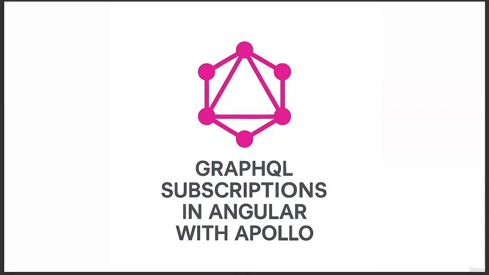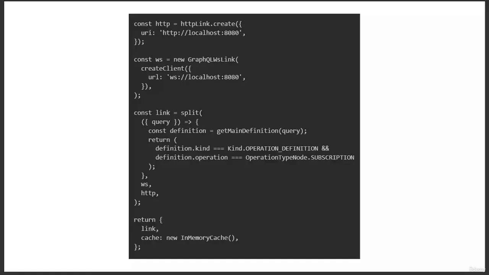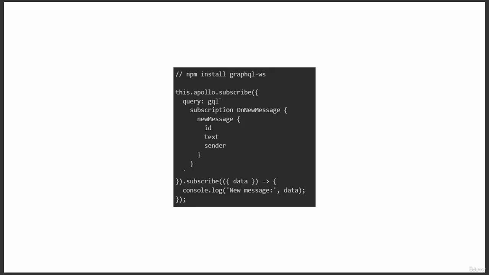For proper subscription setup, we need to define a separate transport using the graphql-ws library, then combine it with the existing HTTP transport for queries and mutations. This part often involves using split to send subscription operations over WebSocket and everything else over HTTP. To use subscriptions with Apollo Angular, we need a WebSocket connection instead of standard HTTP.